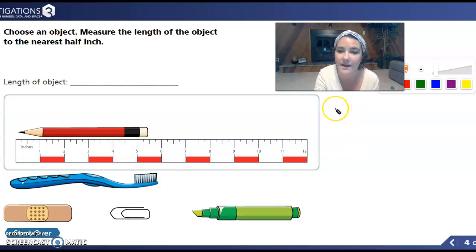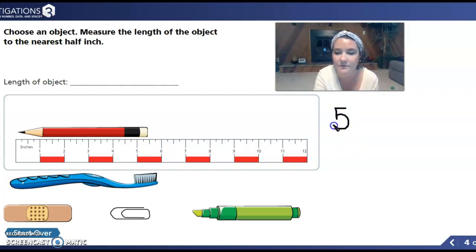So we would write 5 1/2 like this. Write it over here since it wouldn't let me finish over there. 5 whole inches and 1/2 inch. So this is how you would abbreviate inches. Okay, so 5 1/2 inches.